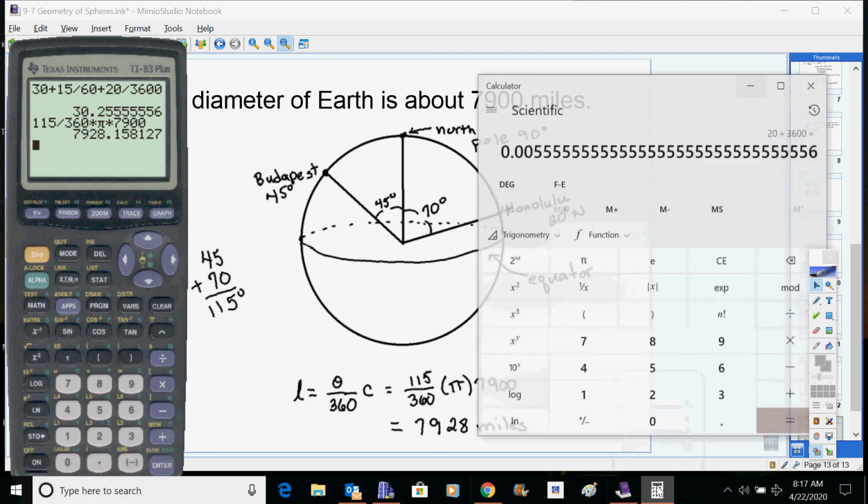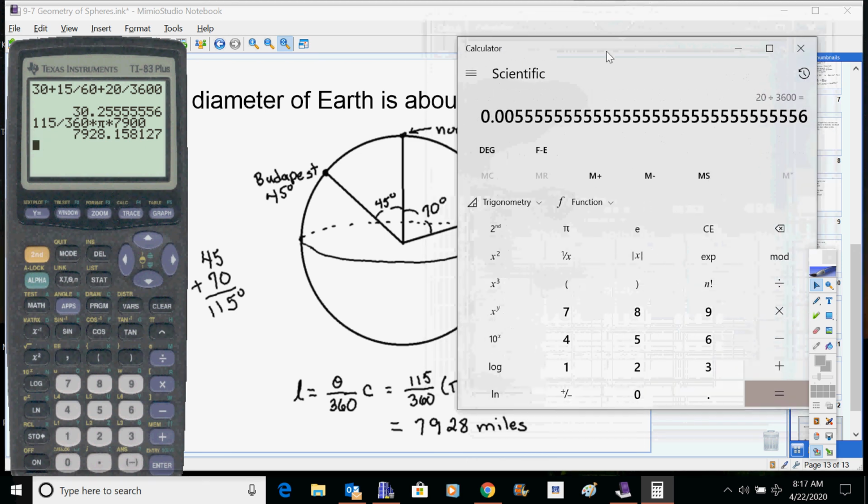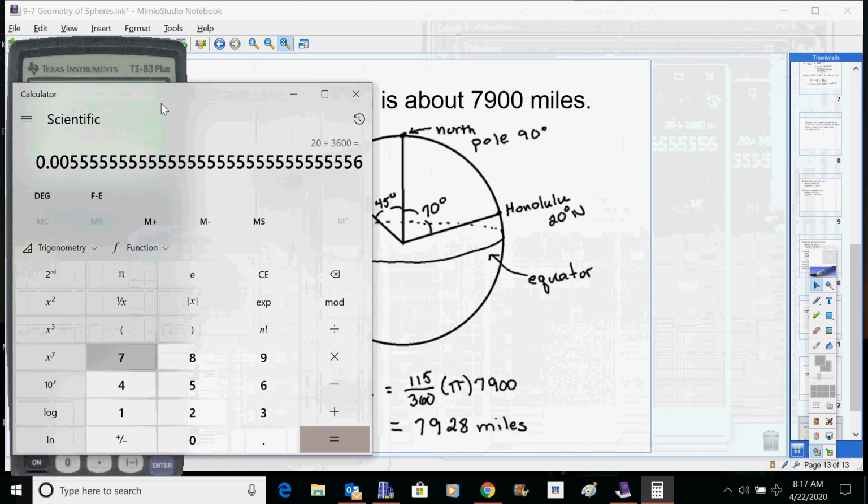We can do this on a regular calculator too, so you can see this happen all at once. We can do 115.